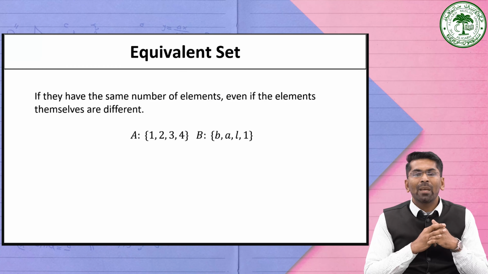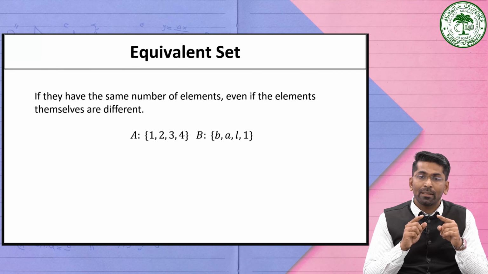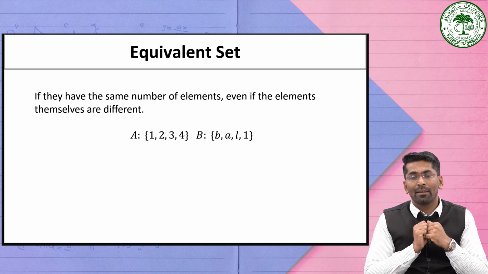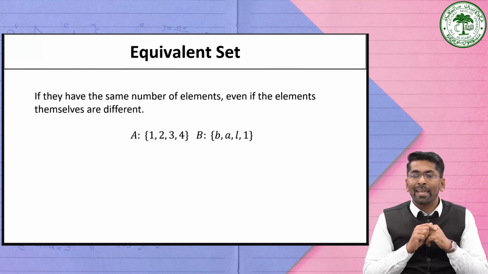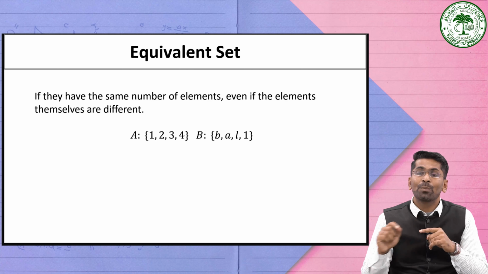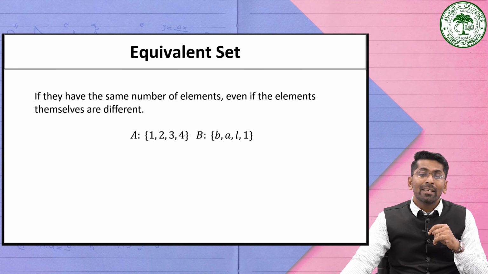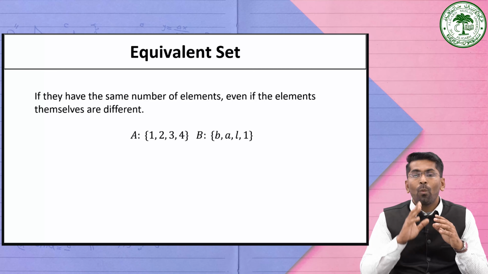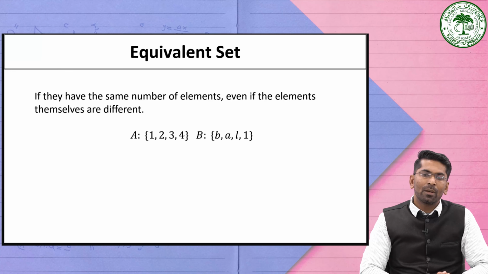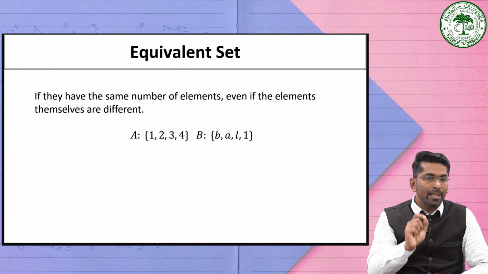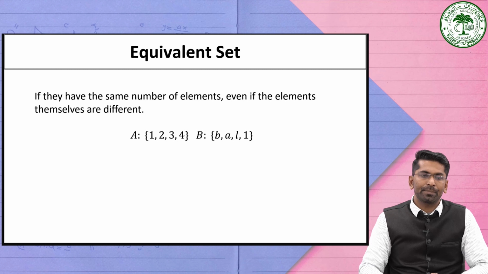It means each element in set A can be paired with a unique element in set B. 1 in set A corresponds to B in set B. 2 in set A corresponds to A in set B. 3 in set A corresponds to L in set B. And 4 in set A corresponds to 1 in set B. Since there exists a one-to-one correspondence and both sets have the same number of elements, we can say that set A and set B are equivalent sets.